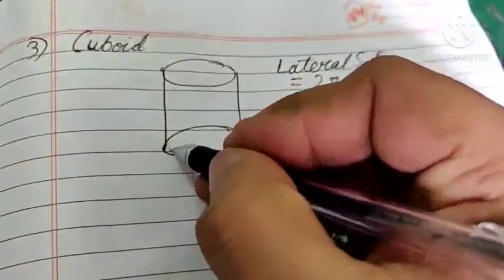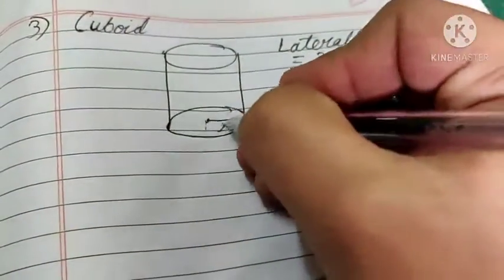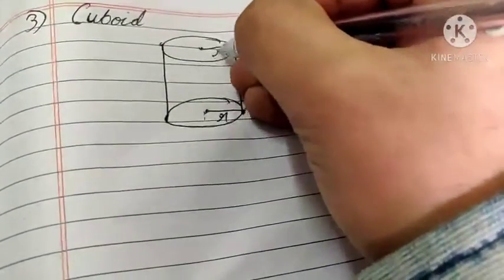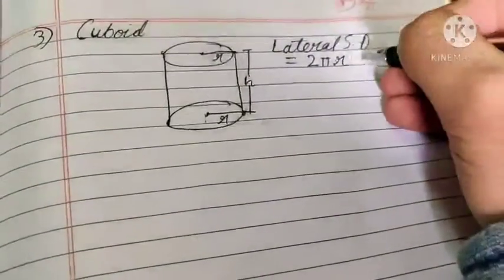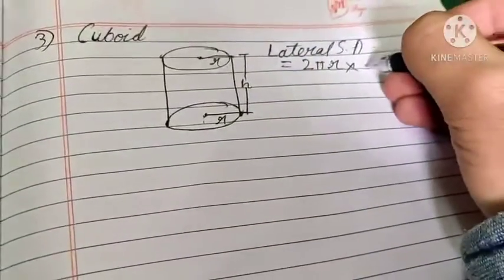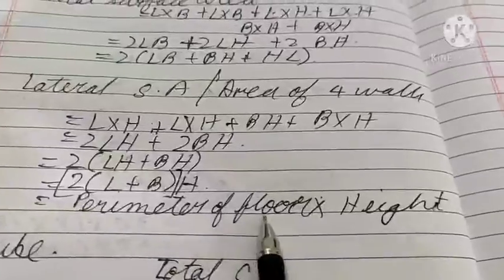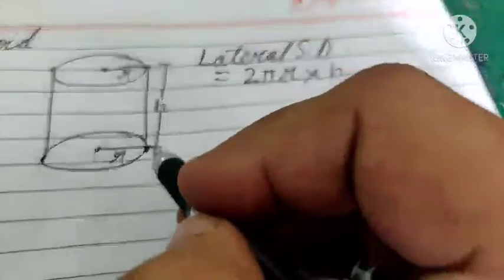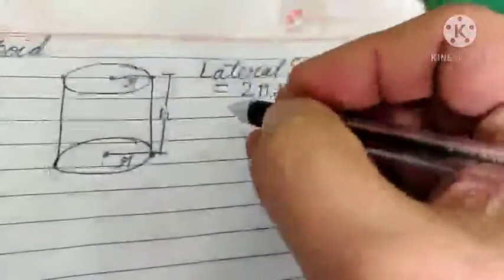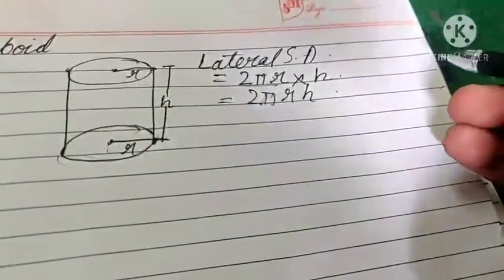Here the floor is a circle, so perimeter of floor is 2 pi r. Here this is radius, this is radius and this is height h. Lateral surface area was perimeter of floor into height. So here also perimeter of floor, that is 2 pi r. Perimeter means circumference of a circle, that is 2 pi r into h, that is 2 pi r h.